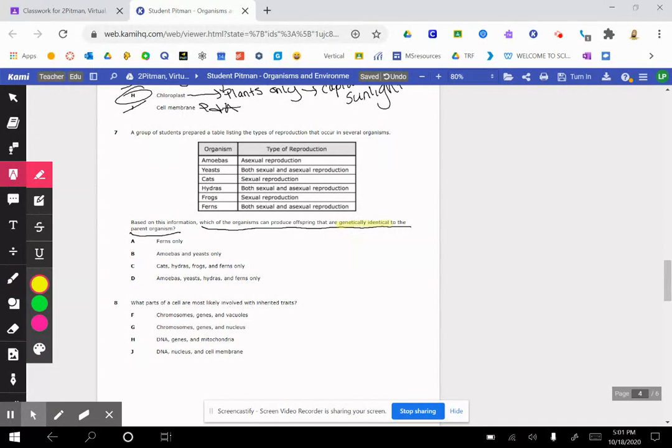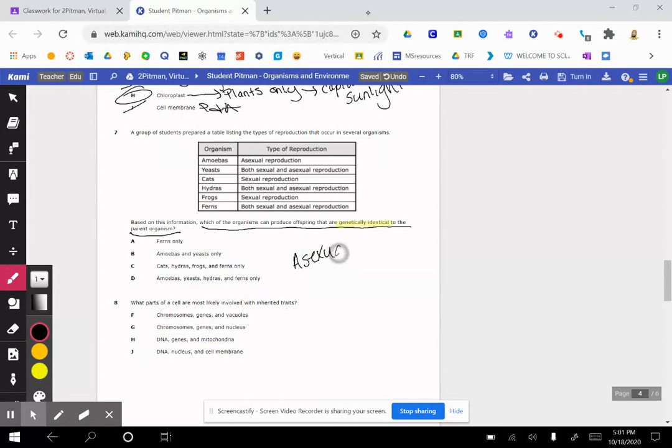Okay, so let's take a look. I should know that asexual means one parent. And that means that my offspring will be identical because identical means genetically the same.